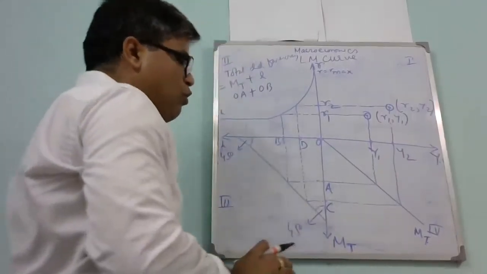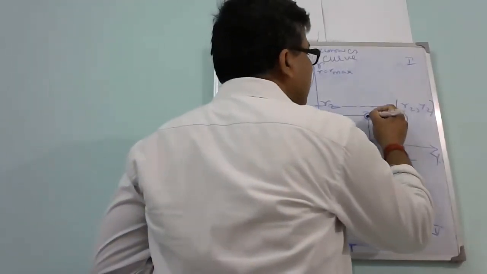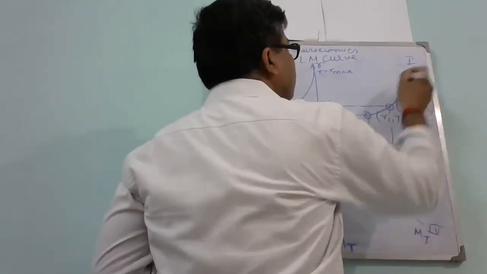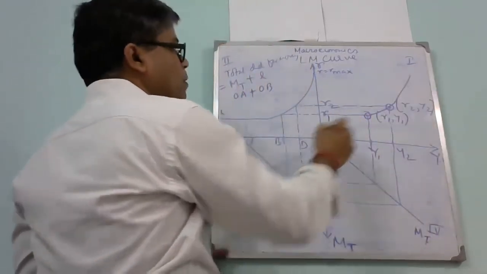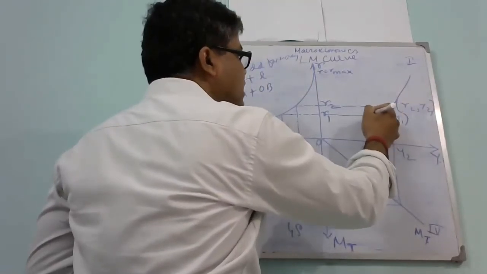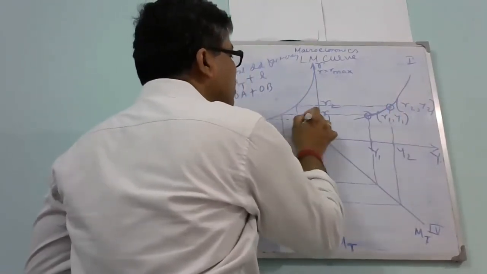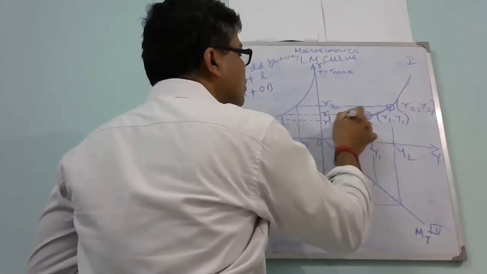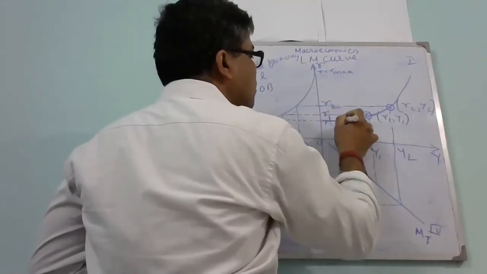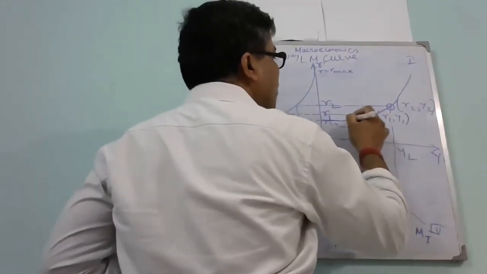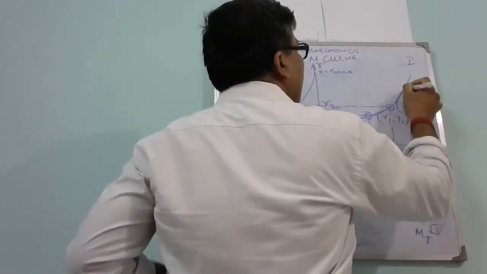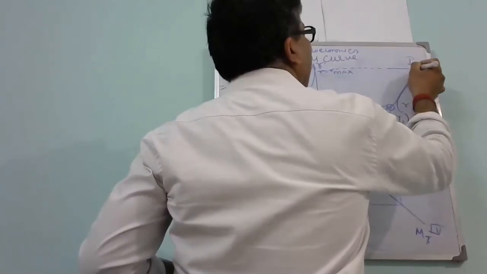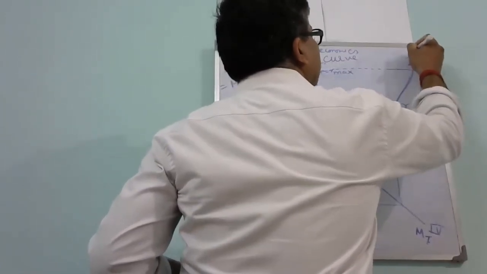If we join all these points, we get an upward sloping diagram. But remember one thing: at R equal to R min, the curve is parallel to this axis, and then it slopes upward, and then once again at R equal to R max, it will be vertical.